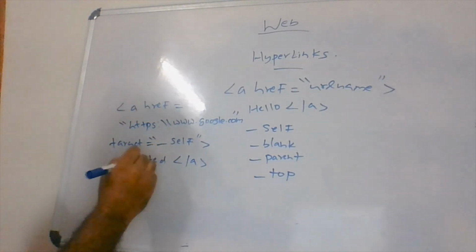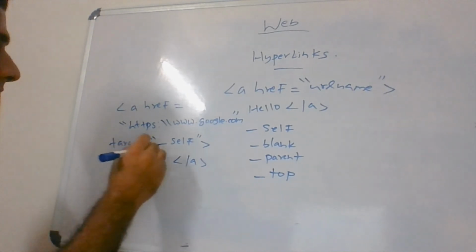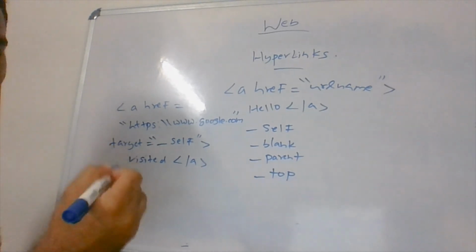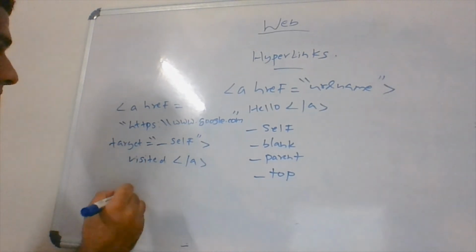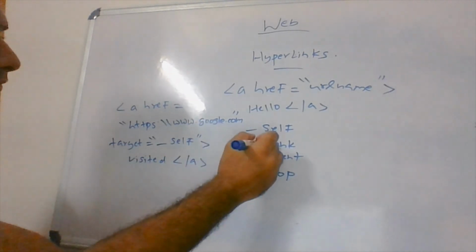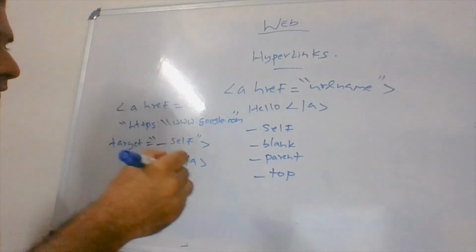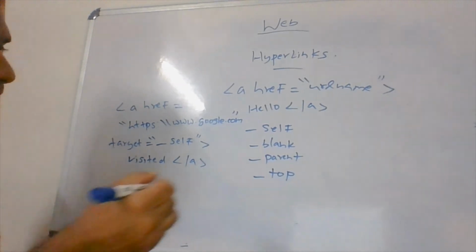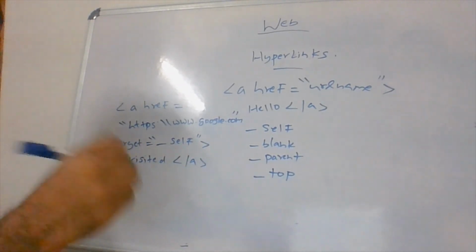If we click on it, and target equal to self, it will open in the same window in which it was opened. Then we have blank, which means it will open in a new window. Parent means it will open in the same parent frame. Top means it will display on top of the window.